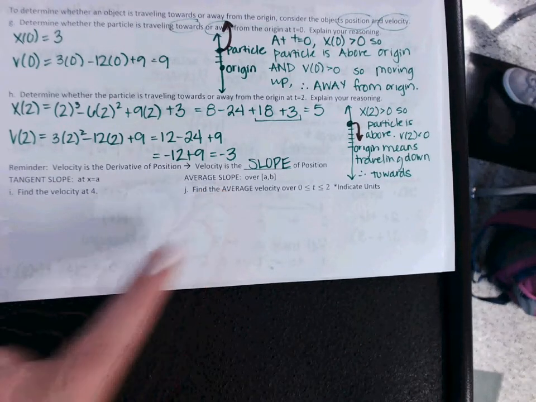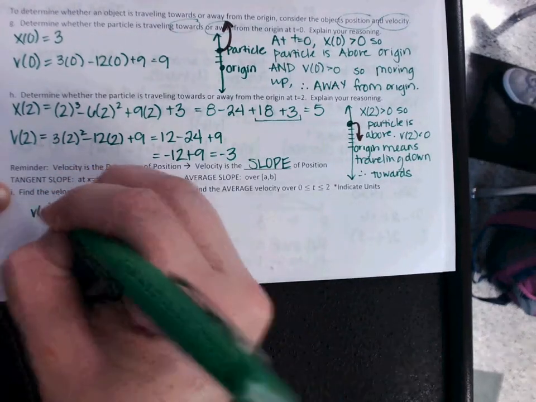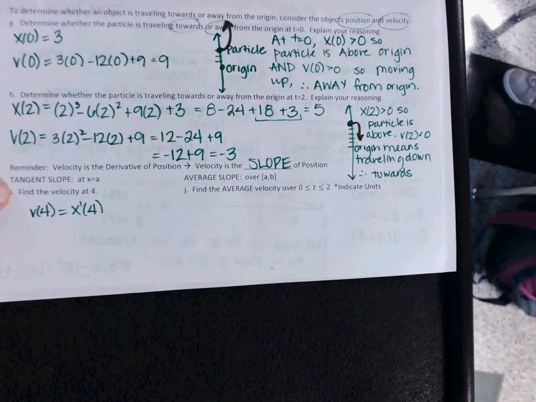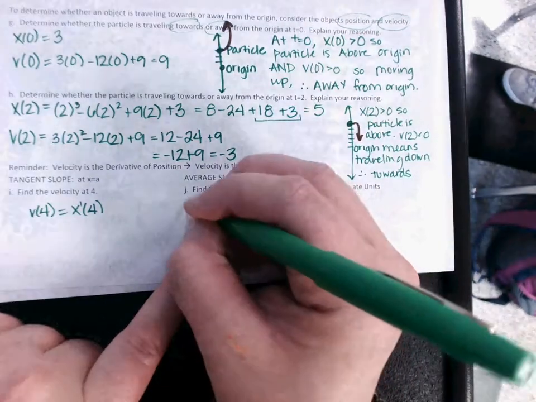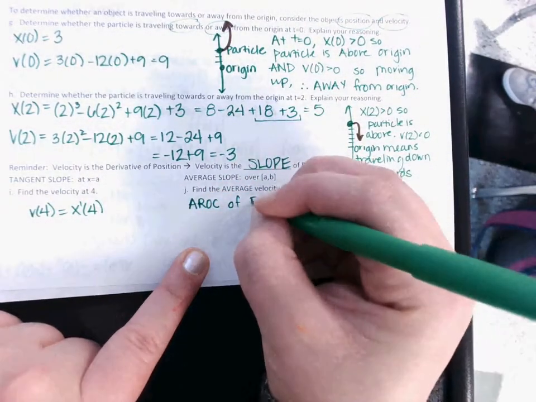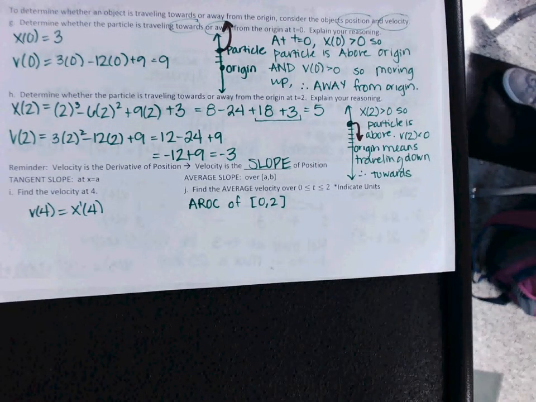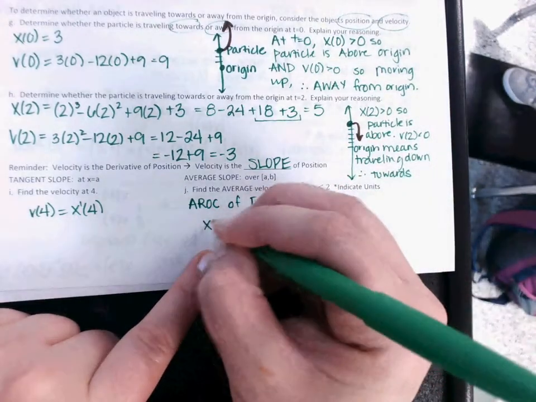So here's the difference. If it's the velocity at 4, you would be taking the derivative, plugging in 4. But if it's the average velocity, you would be doing the average rate of change of 0 to 2, or whatever interval they gave you. This one just happens to say 0 to 2. So here's the difference. If it's the velocity at one time value, you take the derivative, plug it in. But if it's over an interval of time, you'd be doing this one.